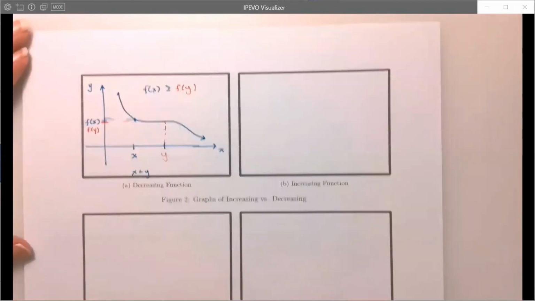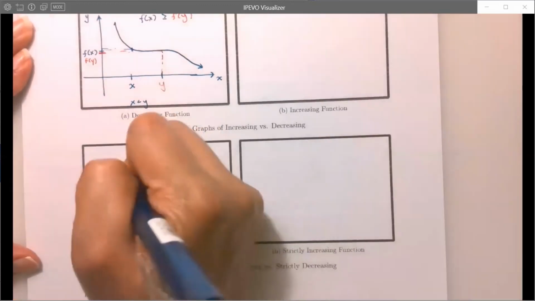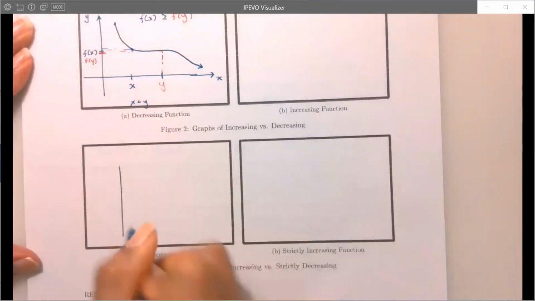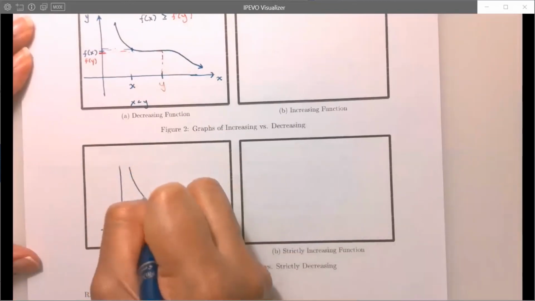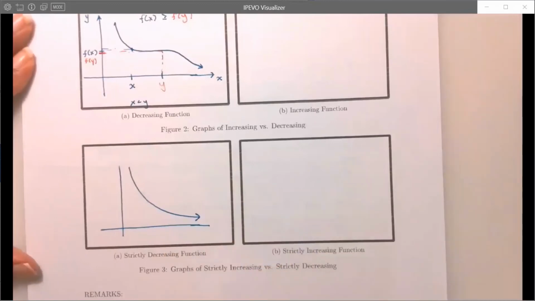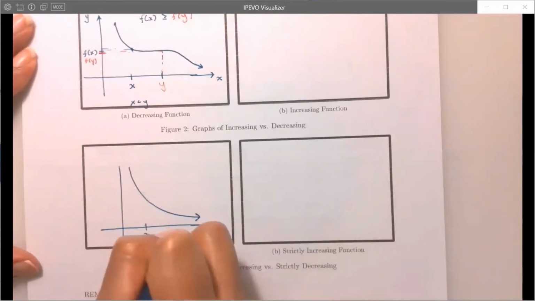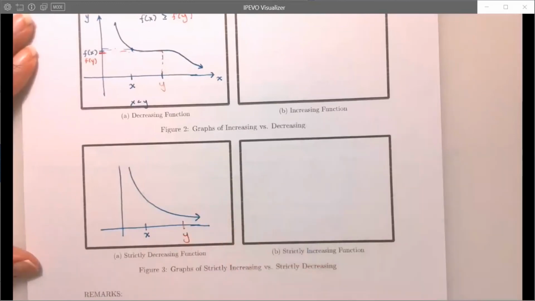Now, if you have a strictly decreasing function, that means that there are no flat areas in your function. So maybe it looks like this, where it doesn't matter where you pick your x as long as you pick it somewhere before y.